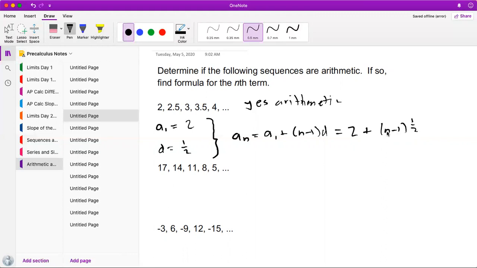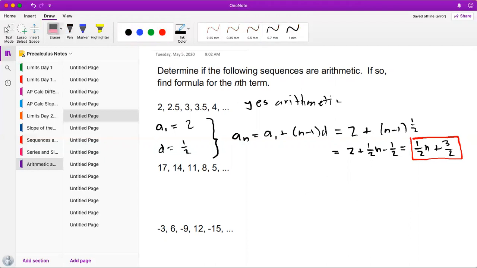So this is 1/2 n minus a half. So it's 1/2 n plus, 2 minus 1/2 is 3/2. So from my perspective, this is the correct answer to that question.